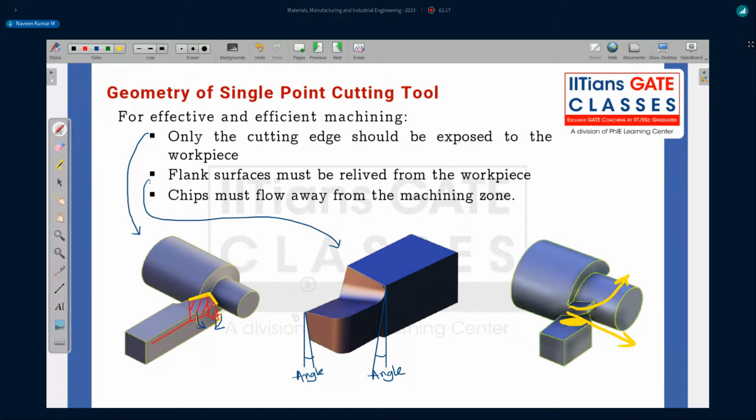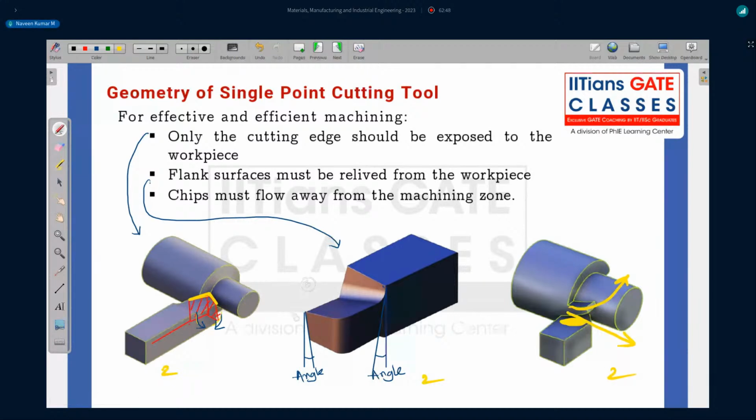In the sense, it won't go back into the machining zone, or drop, or curl and come inside. That is what is important. For that, again, I'm going to make two more angles. So here I'm making 2 angles, here 2 angles, here 2 angles. In total, I have to make 6 angles so that my effective and efficient machining process will be taken care of.